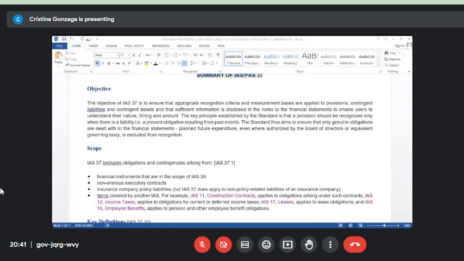So, restructuring by sale of operation, i-accrue mo ang provision. Restructuring by closure, or reorganization, you will also accrue. Warranty, you will also accrue a provision. Land contamination, syempre may liability ka in order to clean up the land. So you will also accrue a provision.